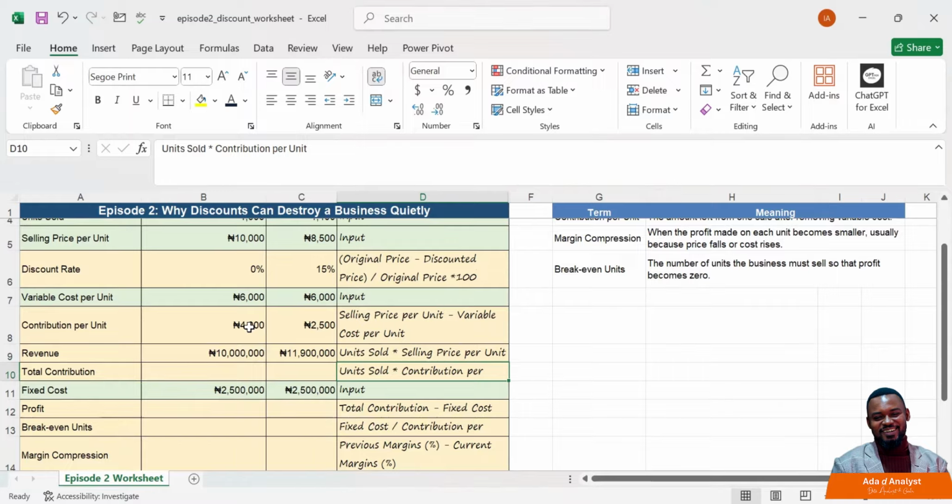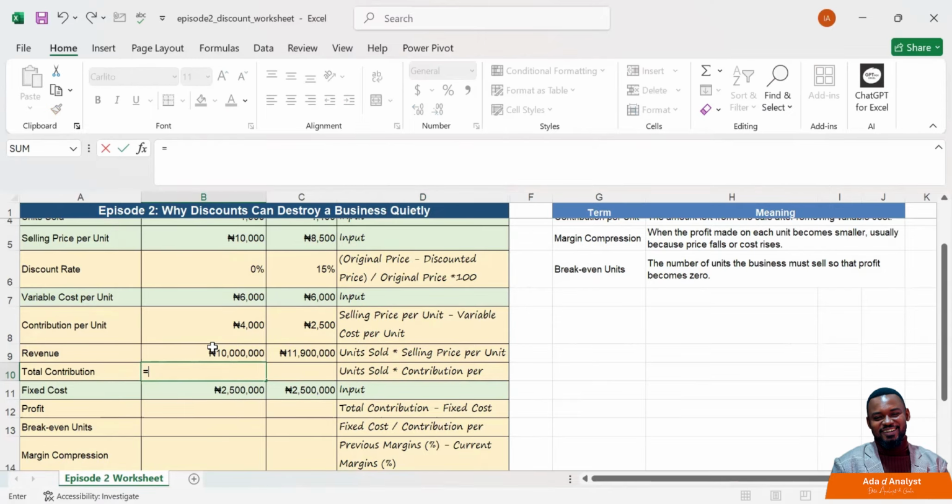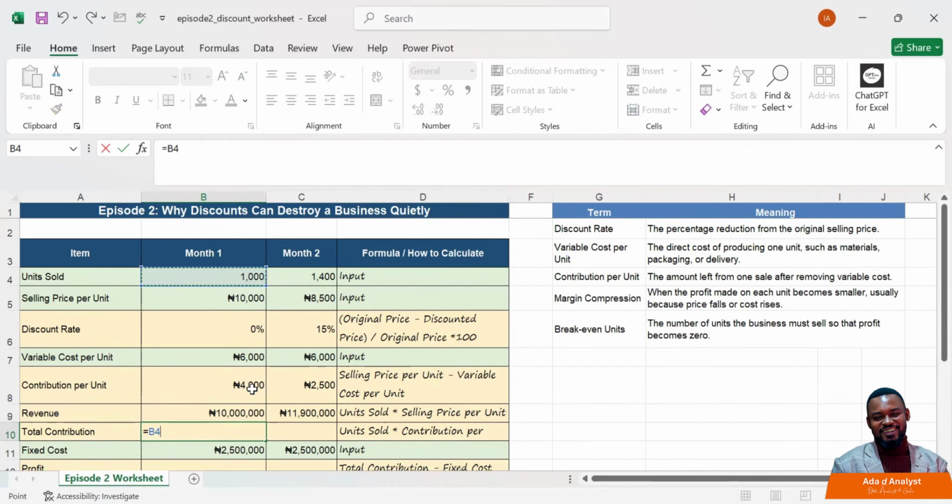So we have to multiply it by the total units sold to get our total contribution. Say equals units sold for this month multiplied by contribution per unit. That will give us our total contribution for month one.